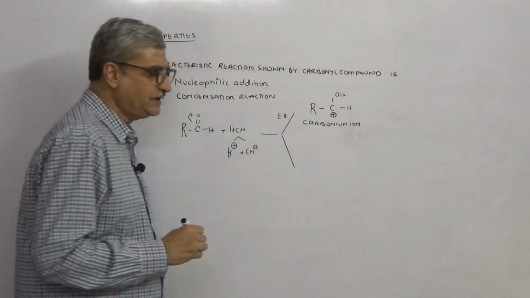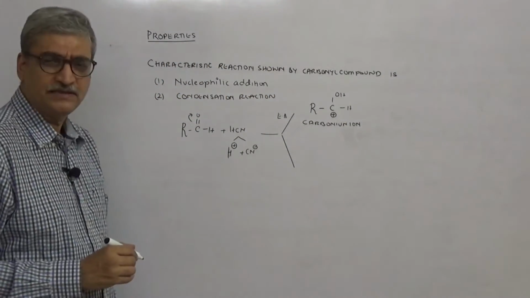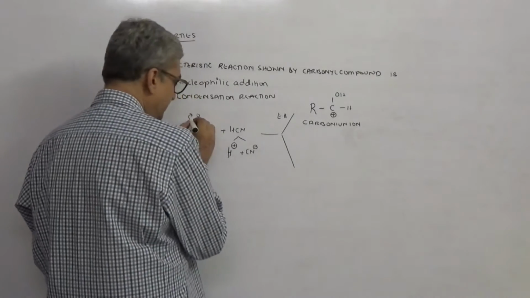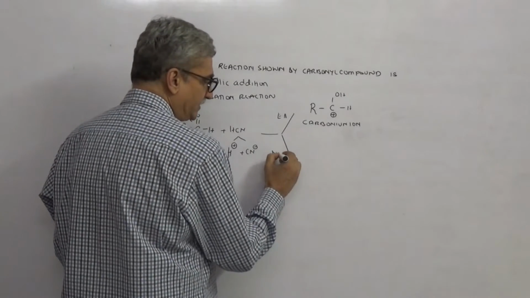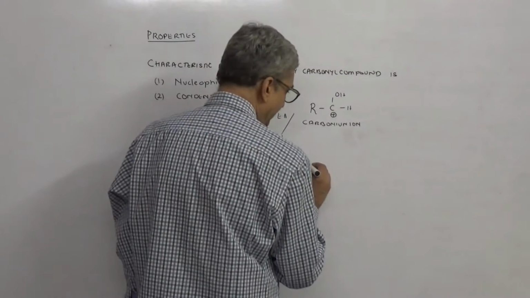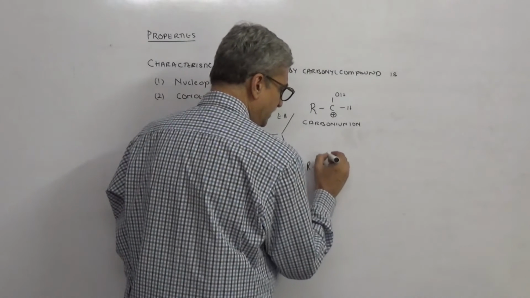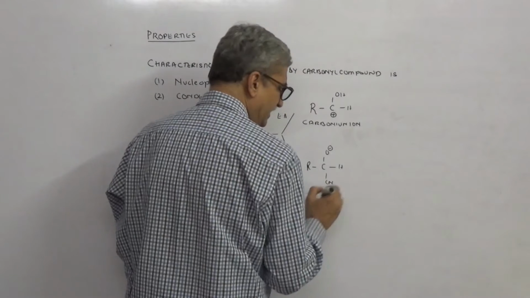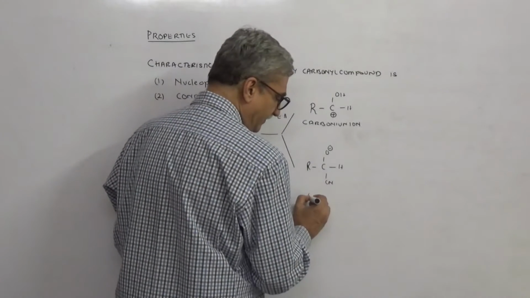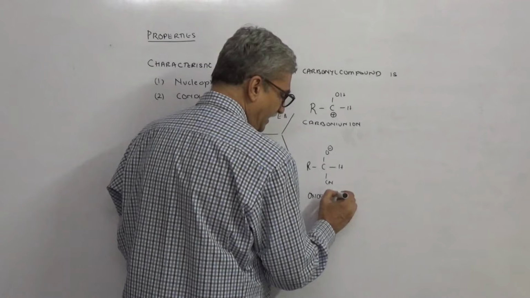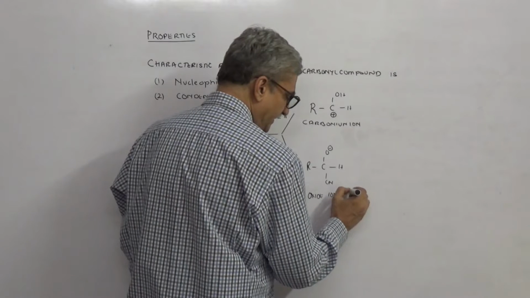Whereas if cyanide acts, that is nucleophilic addition. So what will happen? You get R C O minus with H and CN. In other words, you get an oxide ion intermediate.